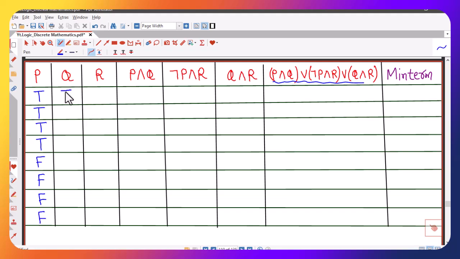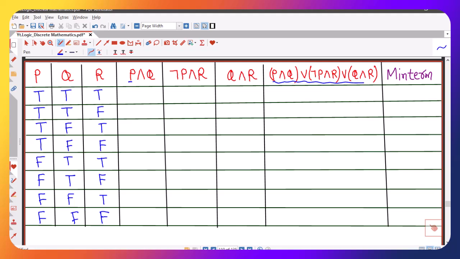Then for variable q we have written true, true, false, false, and the same pattern repeats: true, true, false, false. For variable r we have alternately true and false, true and false, true and false, true and false.